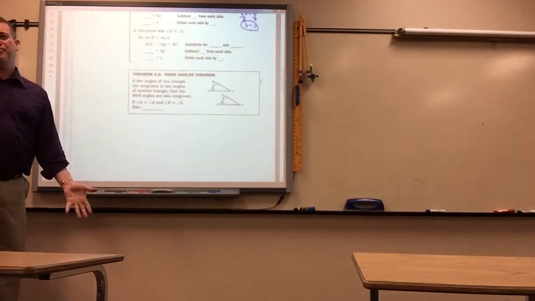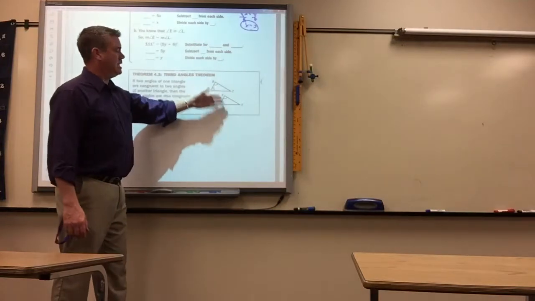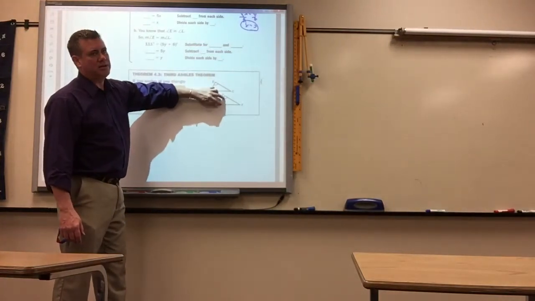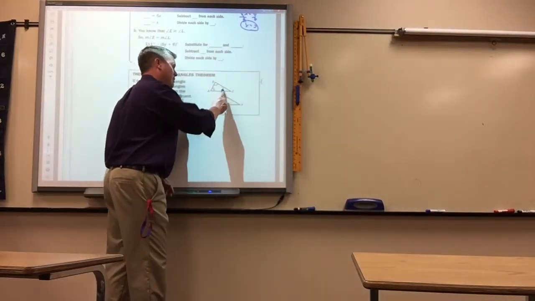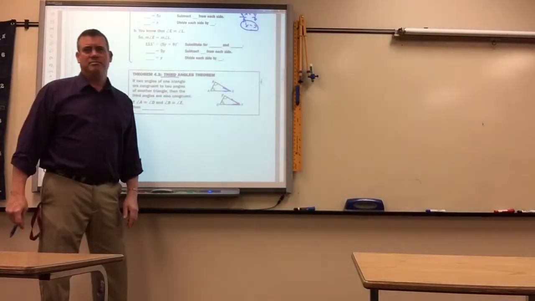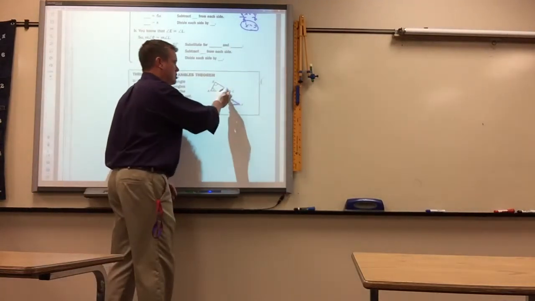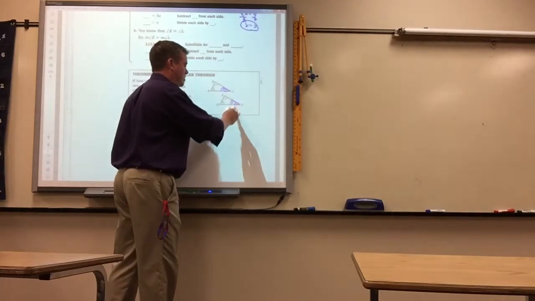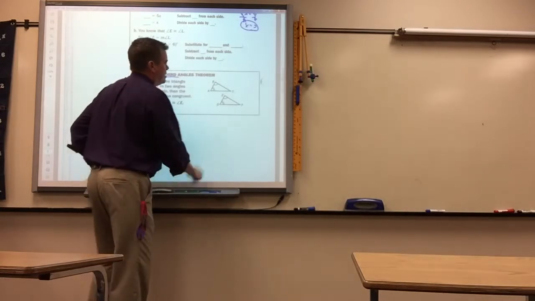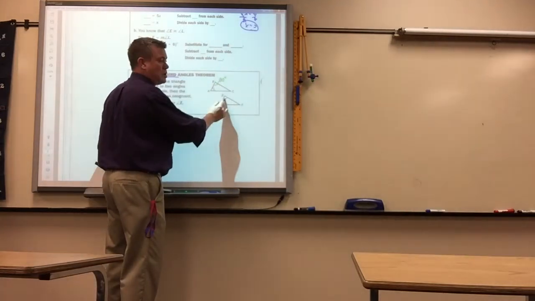Third angle theorem, this one is just common sense. All this is saying is if in any two triangles, two of the angles equal the other two angles, if you had to guess, how would the third angle compare to each other? They'd be equal also. So this angle has to equal that. And if you put numbers in, it's easy to see. Say this angle right here is 80 degrees, which means this one's also 80, right?